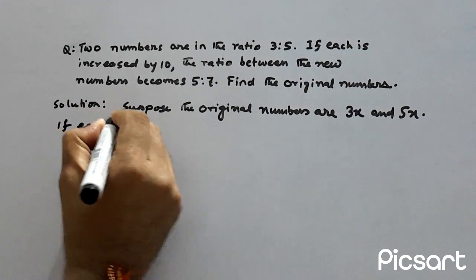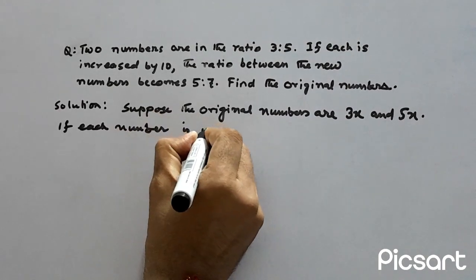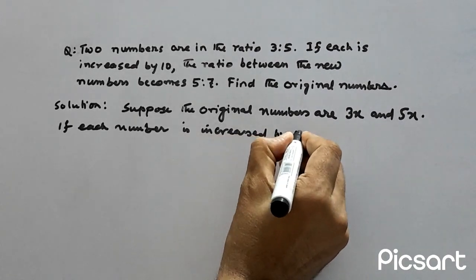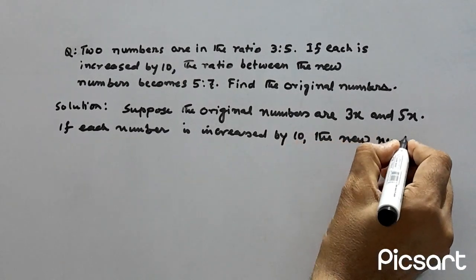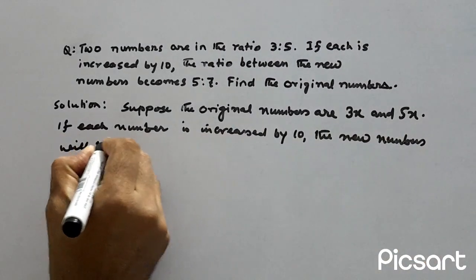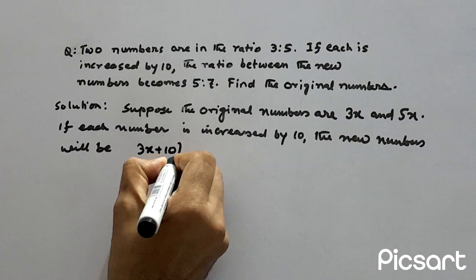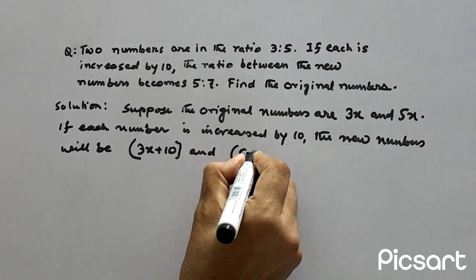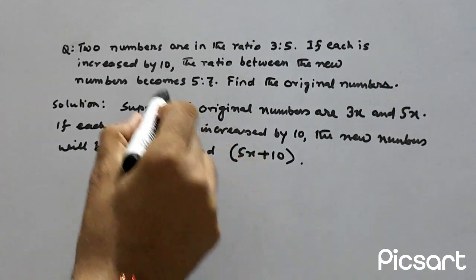If each number is increased by 10, the new numbers will be 3x plus 10 and 5x plus 10. এবার বলা আছে এই দুটো নিউ নাম্বারের রেশিও 5:7.